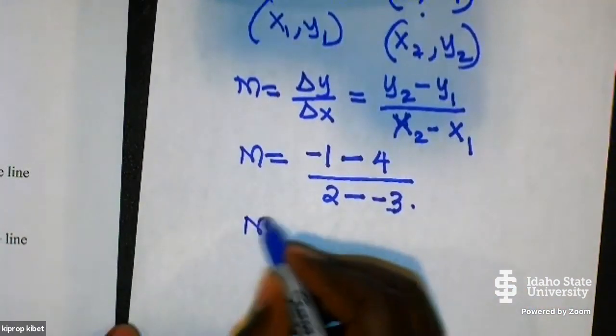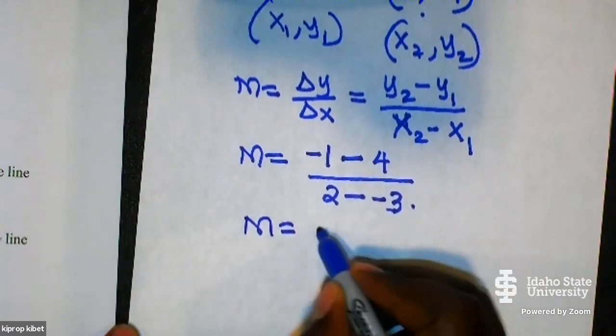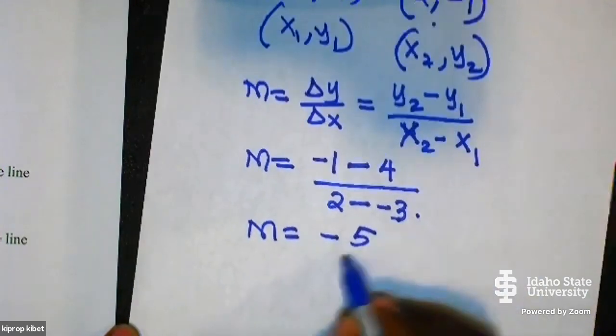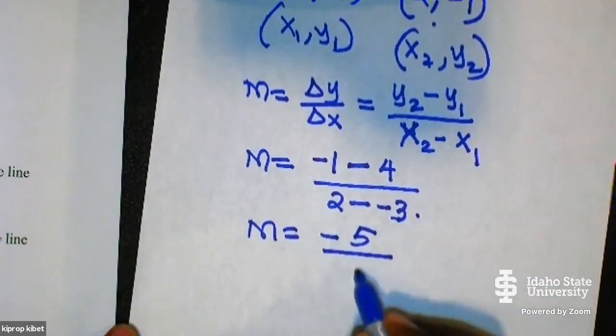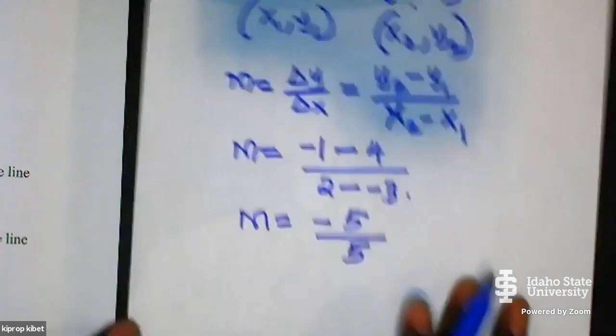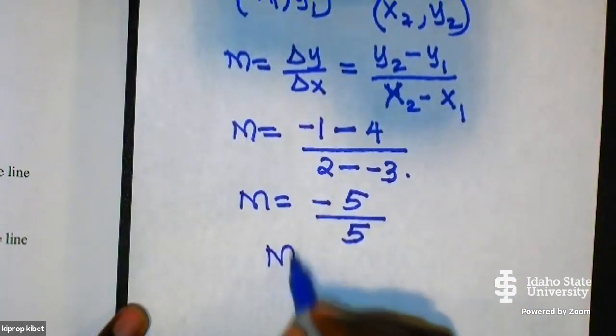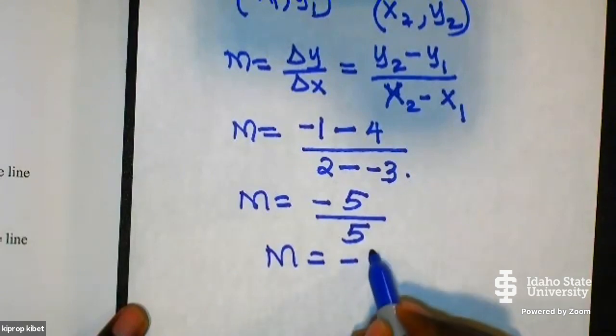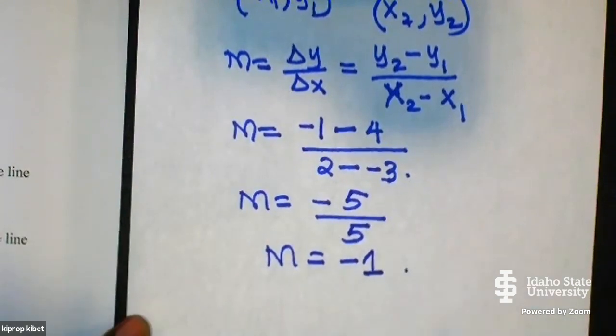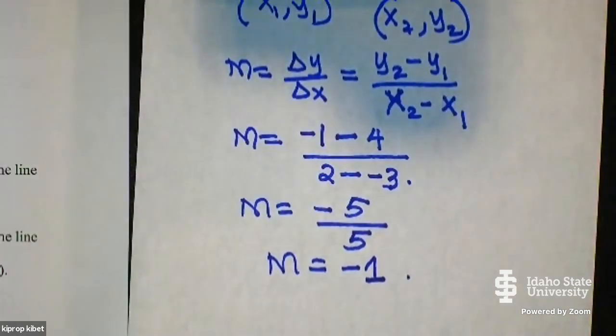So m equals -5 all over what? All over 5. So m equals what? -1. m equals -1.